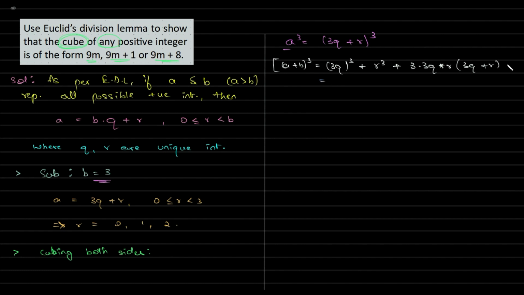Oh yeah, this is the formula that we are using. Actually, my bad, I expanded it instead of writing the formula. So a plus b the whole cube is a cube plus b cube plus 3ab into a plus b.